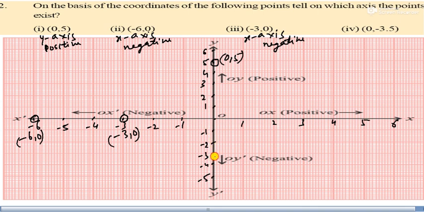So you can write here this point, and it is on the OY axis, in the negative direction. These are the answers of your question.